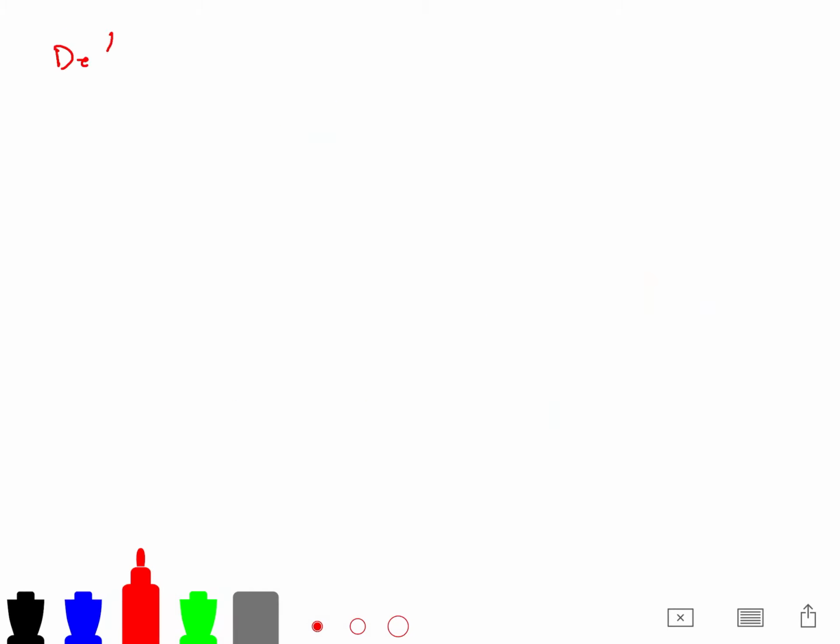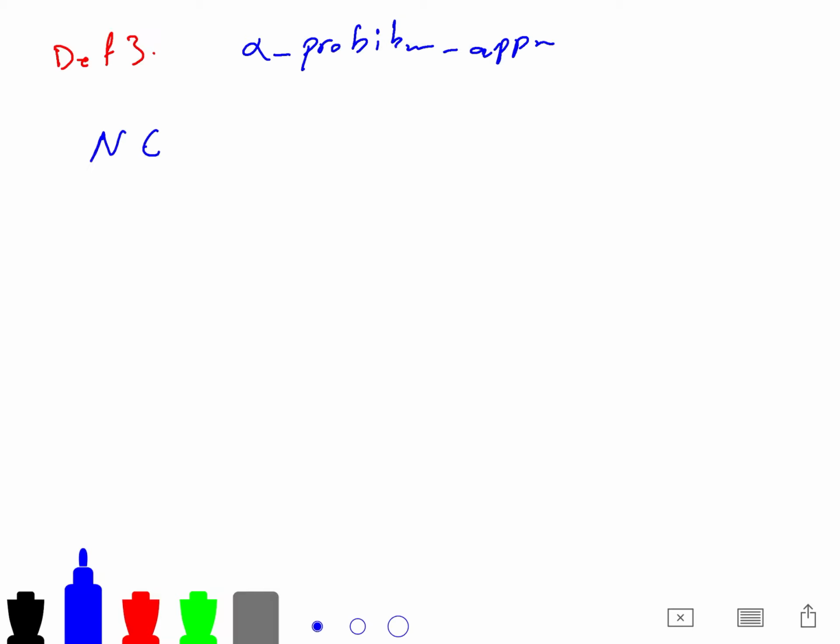Now, definition 3 is that a set of metric spaces S over V alpha-probabilistically approximates a metric space M over V if every metric space in S dominates M and there exists a probability distribution over metric spaces N in S, such that for any u and v in V, the expected distance between u and v is bounded by alpha times d_M of u and v.